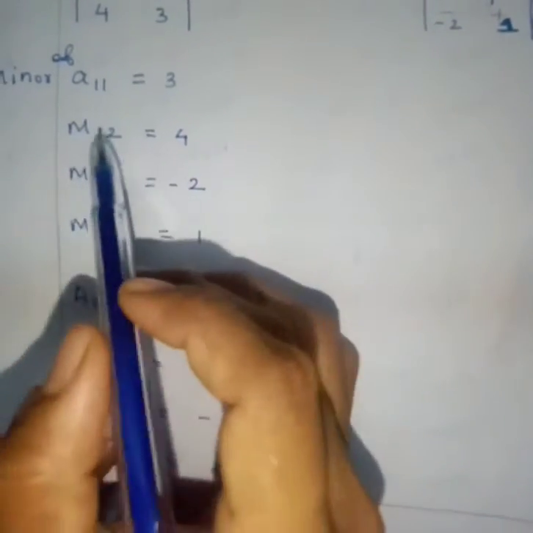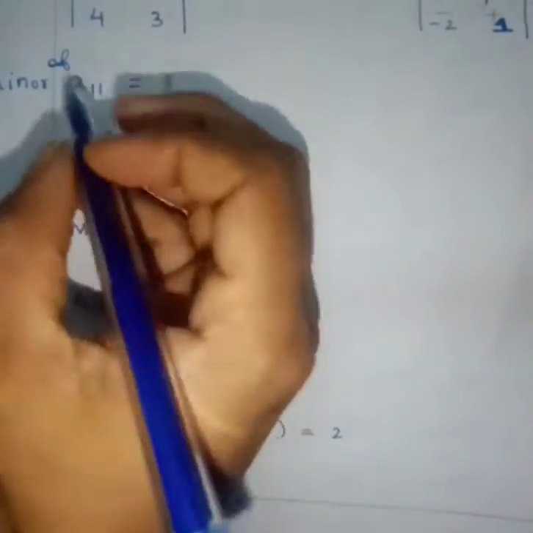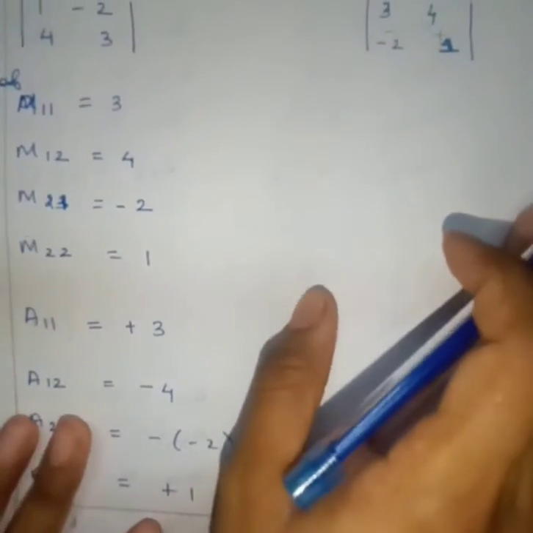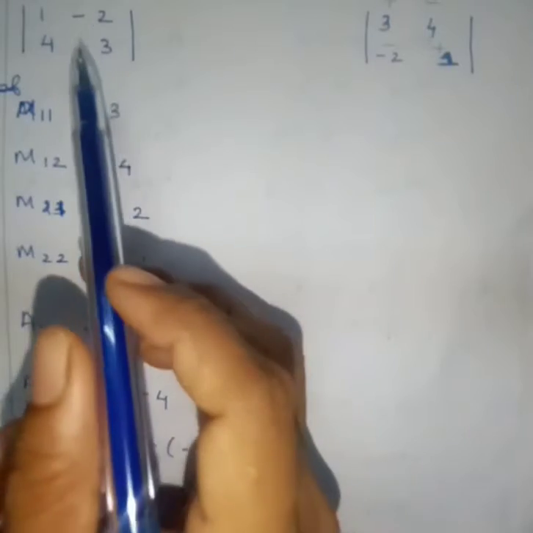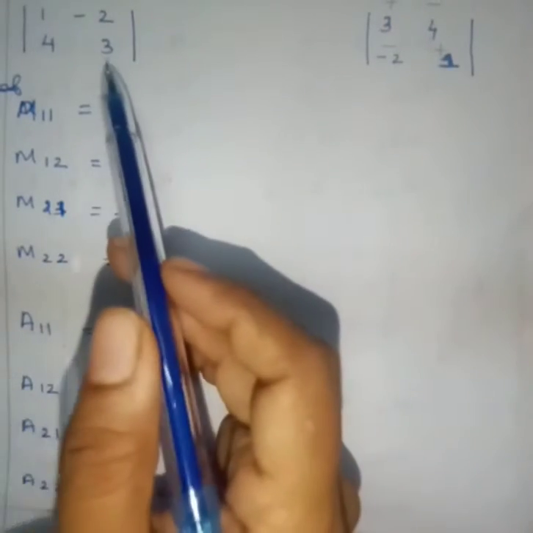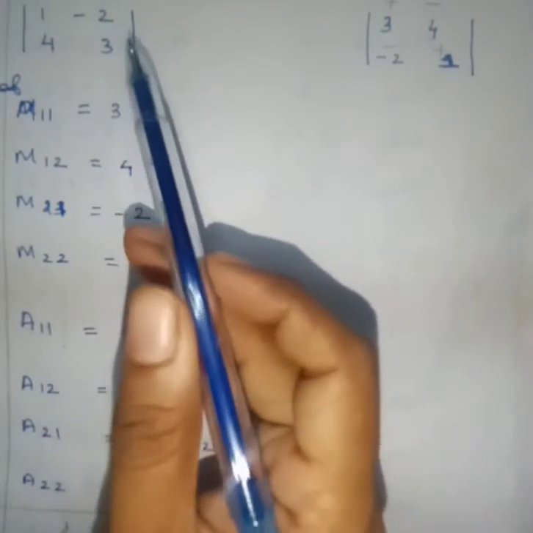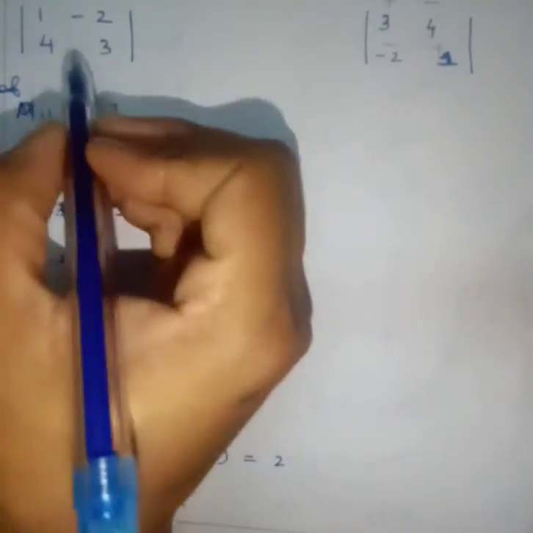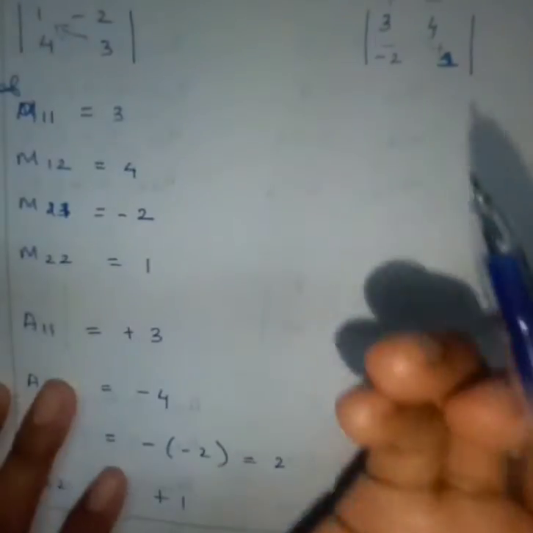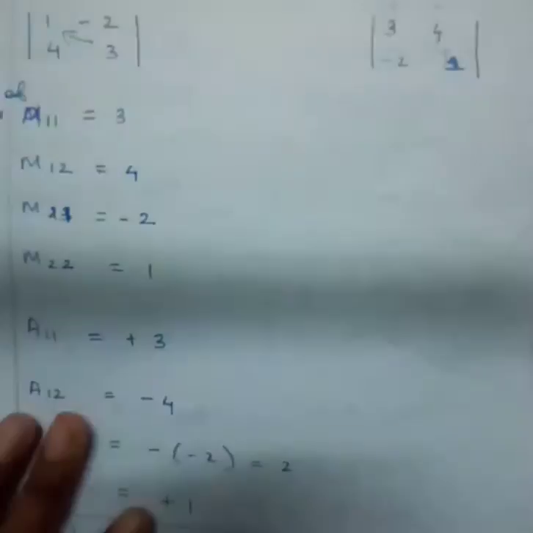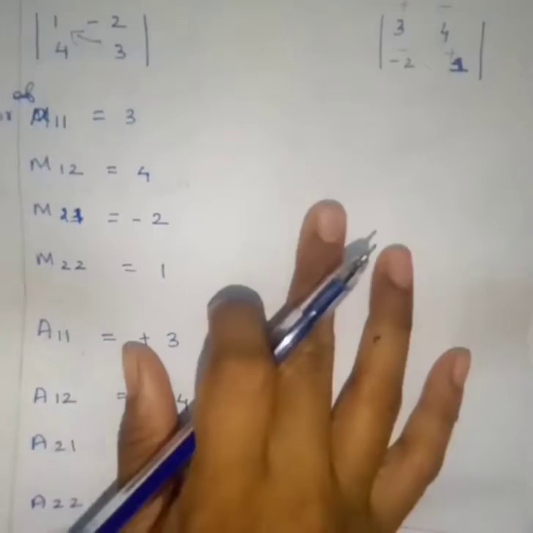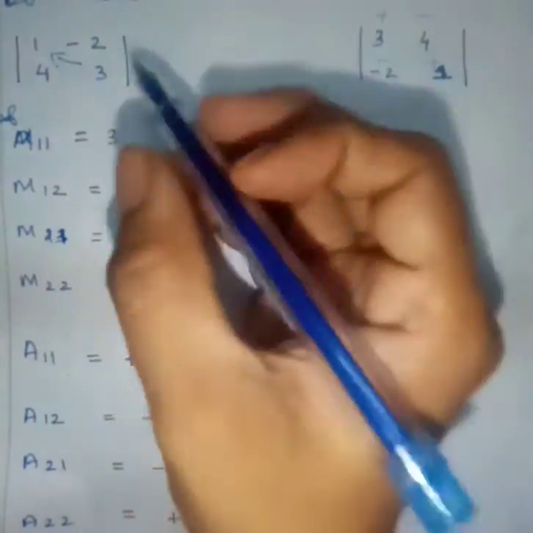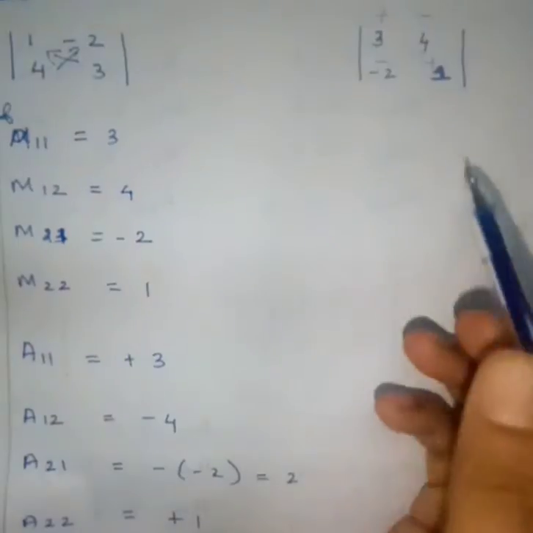So first, minor of A11, or you can write this as M11 also. So first of all, in a 2 cross 2 matrix, we cannot eliminate any row or column, right? So what we can do now, for minor, you just interchange everything. That is 3 should go here, right? 3, the value of, just interchange this, 3 1, 4 should go here and minus 2 should come here.